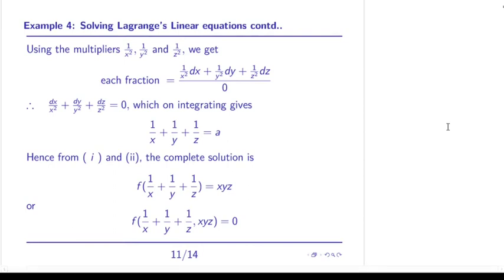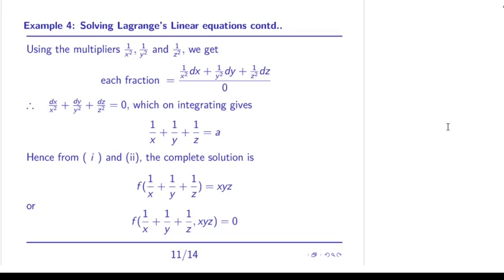That means each and every ratio in the subsidiary equations is equal, and what we formed is also equal. So let us say that equal to lambda. That means 1 by x square dx plus 1 by y square dy plus 1 by z square dz equal to 0. On integrating what we get is 1 by x plus 1 by y plus 1 by z is equal to a.